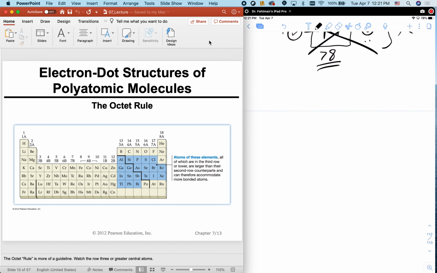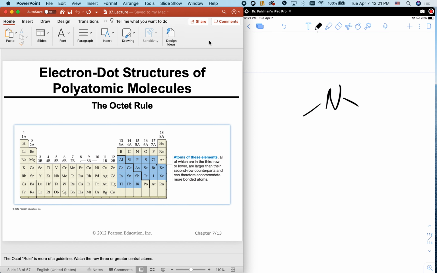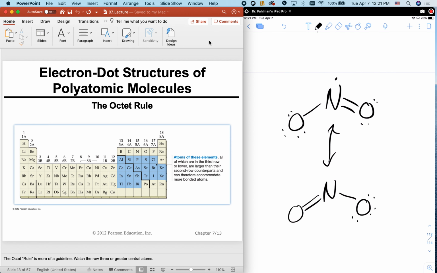So the best Lewis structure for nitrogen dioxide is a resonance form. This one and this one. And I'm drawing it purposely here as bent, because it's going to be a segue for what we are going to talk about next week, the shapes of molecules.